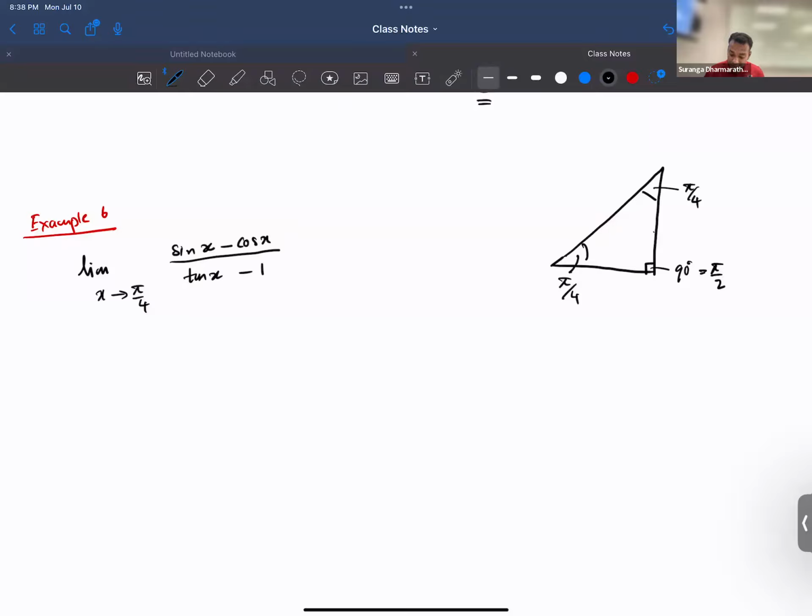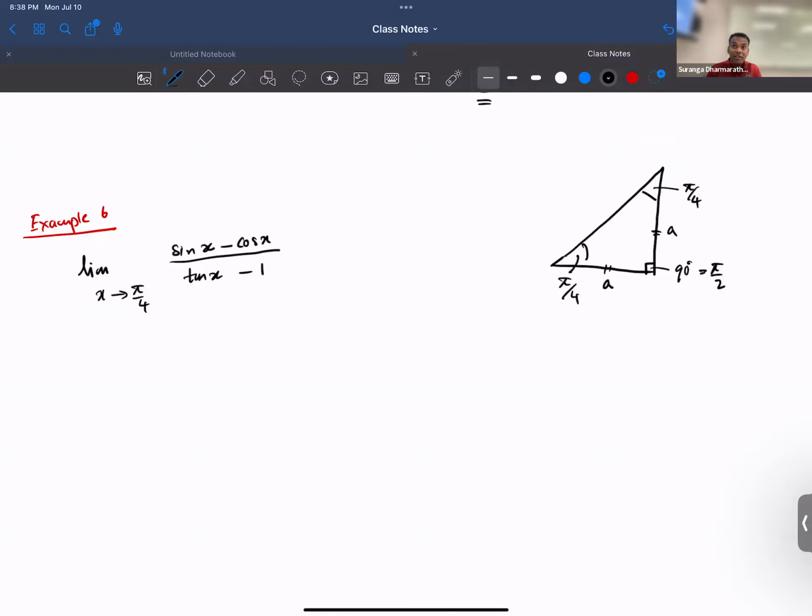Now, if this is length A, what is the length of this one then? A, because you have two same angles, and the sides facing them should be the same.